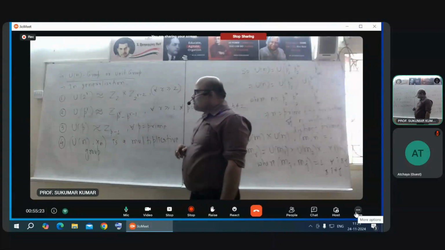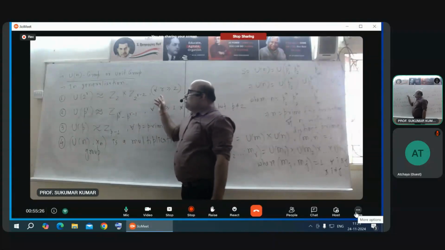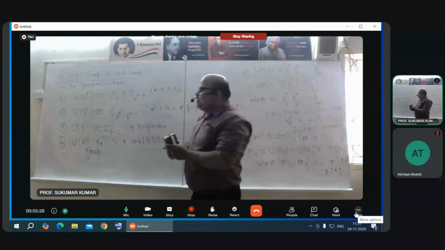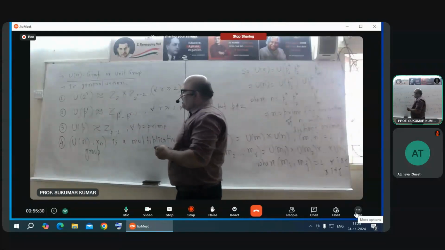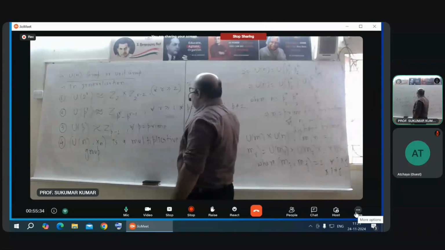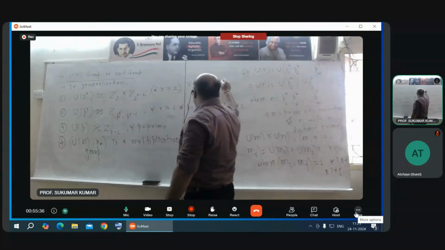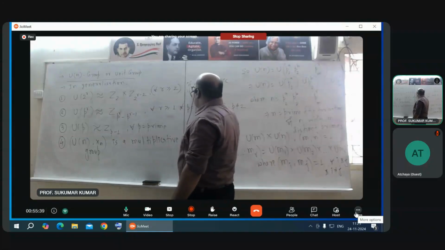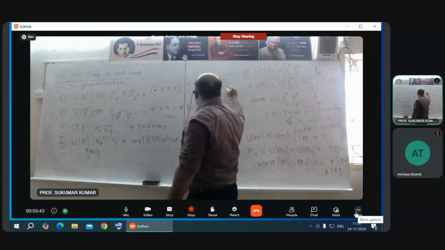Okay. If you choose r equal to 2, then this group will be cyclic. If r is not equal to 2, meaning only greater than 2, then non-cyclic abelian.